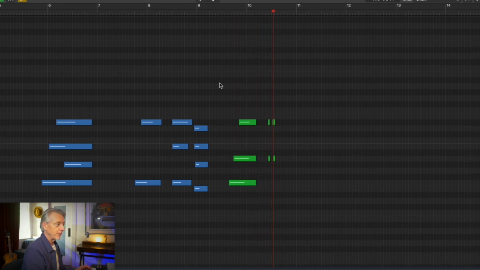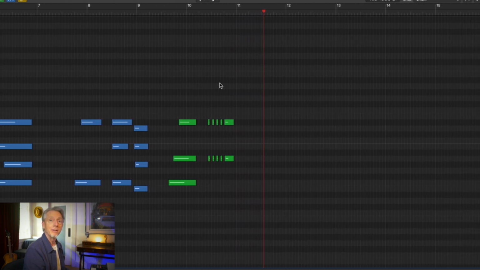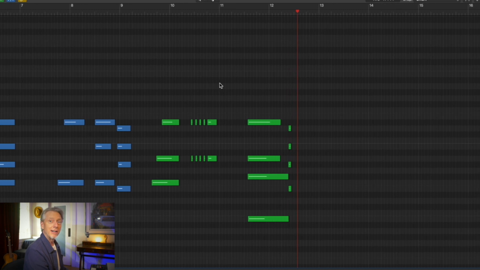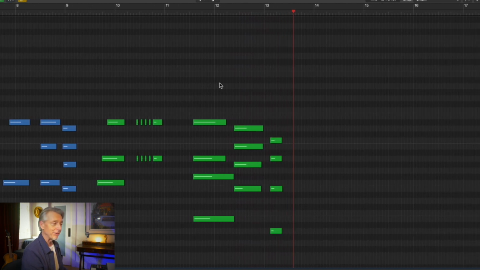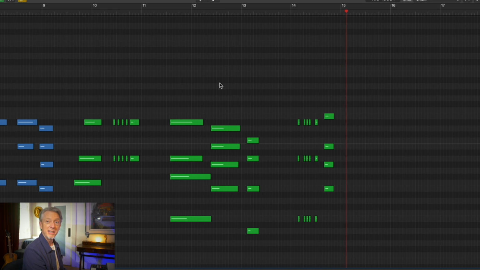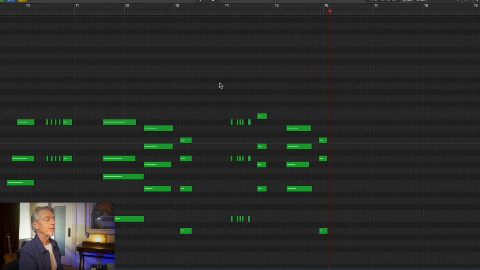For these two notes here are the 3rd and 7th from B7. B7 is the 5 of E, which is the 5 of A. Let's make it E7. E7 is the 5 of A.